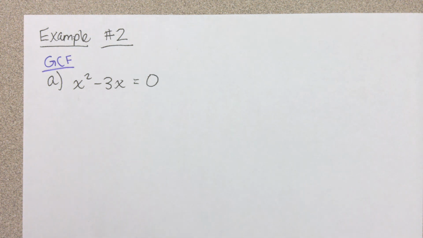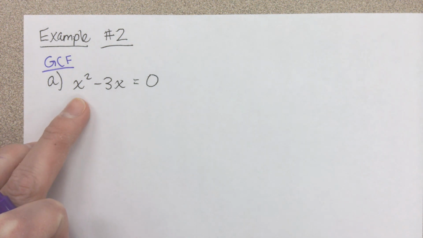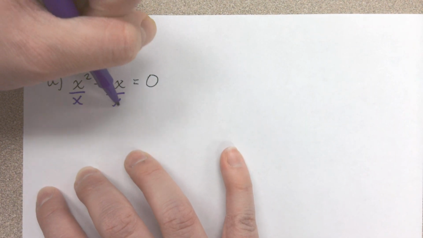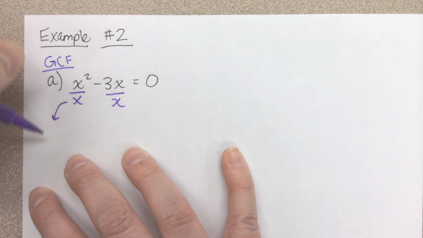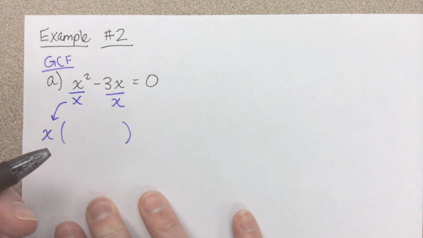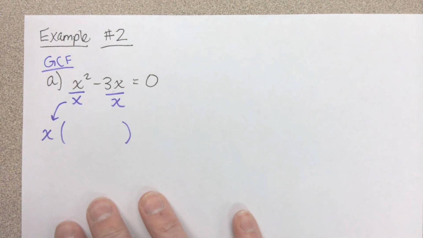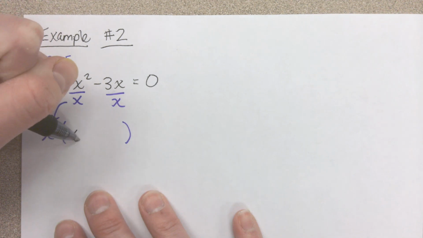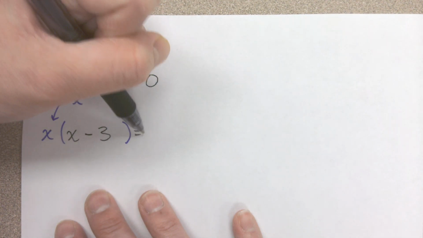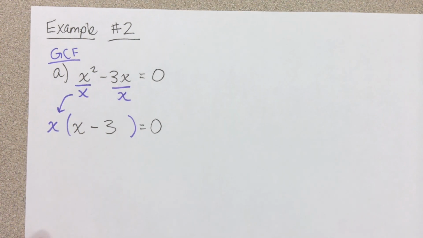You're going to be using it on this section. GCF here, they both have an x, so I'll pull out x out of both of these. X comes out, it doesn't disappear. What's left goes inside. X squared over x, that just leaves an x. Minus 3, these x's cancel, equals 0.